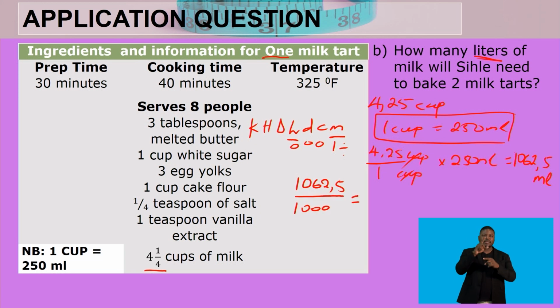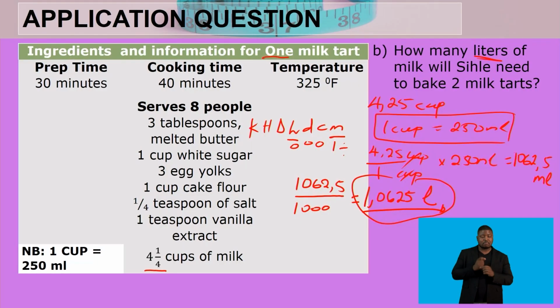Then what do you get? We are getting 0.625 liters. There was no instruction on how you must leave it to decimal points. So you can write it exactly as it is. So it means we have 1,000.0625 liters in 4 1/4 cups of milk.